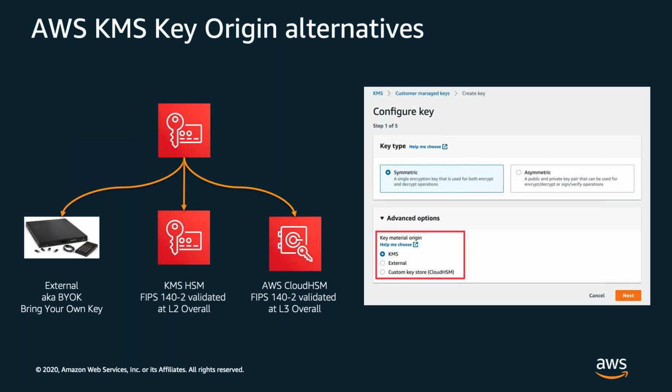So you might use CloudHSM or the custom key store option if your organization has any of the following requirements. Key material that you want to use cannot be stored in a shared environment.